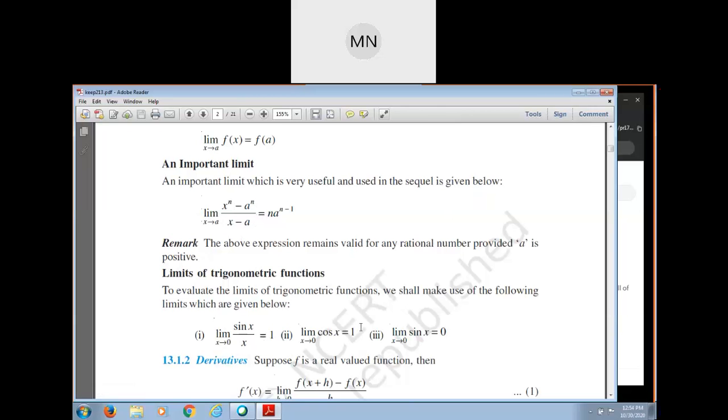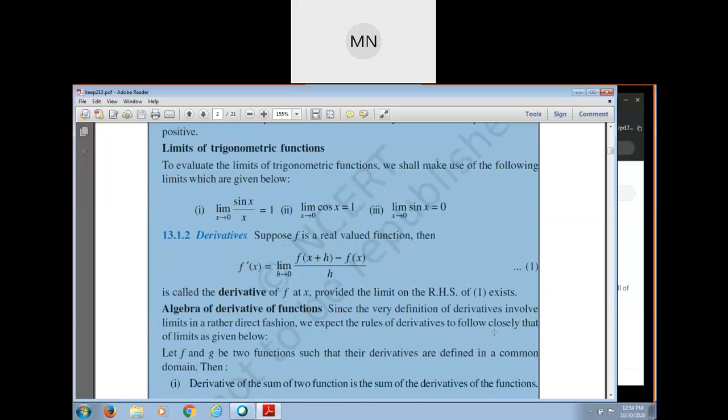Remember all these formulas. These are used when we solve problems.